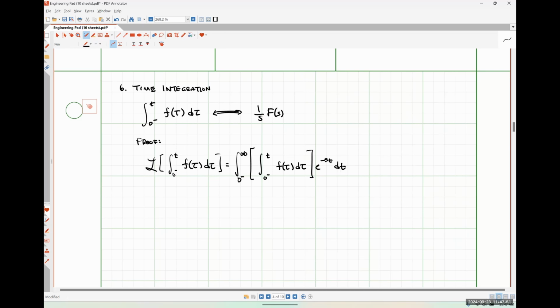So once again, doing integration by parts, we're going to let u equal the integral from 0 to t of f of tau d tau, which would make v prime e to the negative st, which in turn makes v negative 1 over s e to the negative st, and u prime would be the derivative of the integral, which is just the function itself.